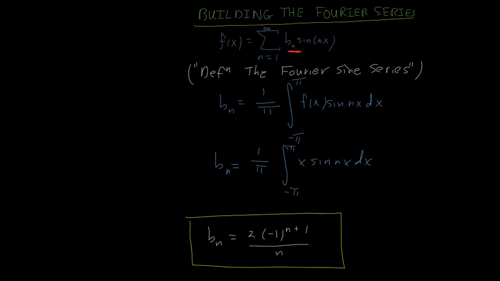Okay, so we got the b sub n. Now the exact derivation of these coefficients is not going to be the focus. That's why I just jumped to this. But you can verify for homework, and you can compare your results with mine if you want. You can, as I say, contact me. What matters here is not the exact derivation of the coefficients. What matters here is the size.